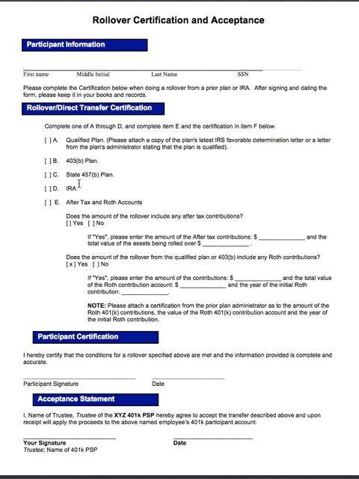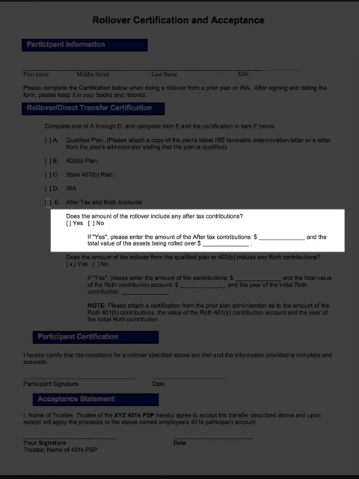Then we go down to the little subsection here and it says, does the amount of the rollover include any after-tax contributions? If it does, go ahead and mark yes. If it doesn't, you're just going to leave this blank. And then if yes, please enter the amount of the after-tax contributions.